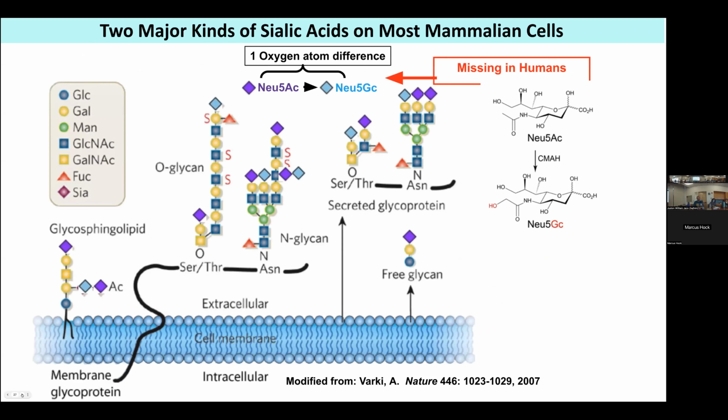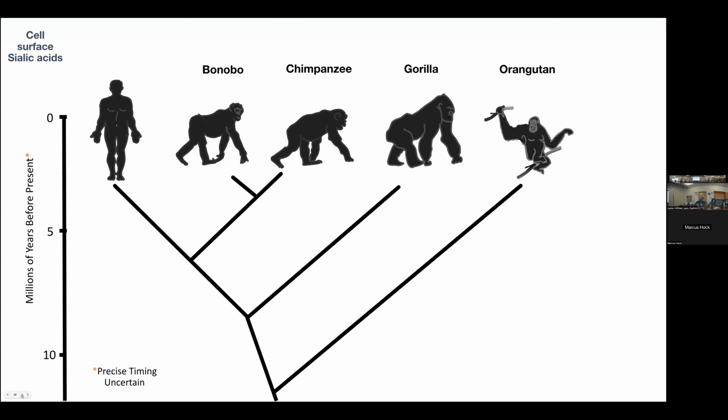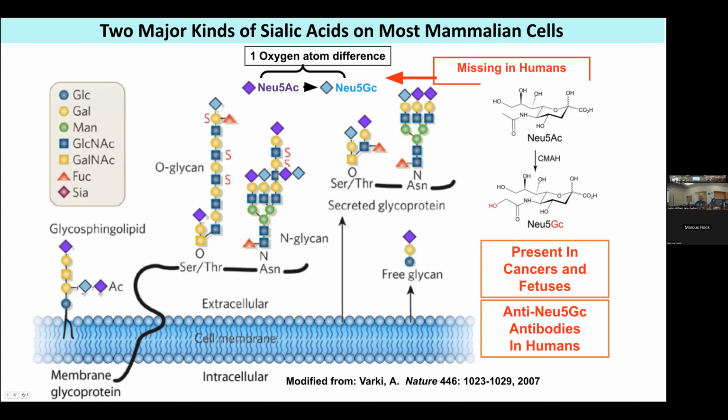And to be even more specific, what I focus on are the little diamonds. They are the sialic acids. And here it is so small. But basically on the outside of these cells, we have a way for the body to recognize itself as self.